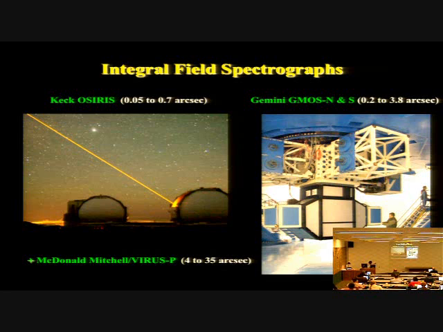So we use a combination of Keck OSIRIS and also Gemini GMOS. This is seeing limited. And also we need somewhat larger scale kinematics to constrain the dark matter contribution to the potential. So we tried to get all of them. And as you saw, 1 billion solar mass at 100 megaparsec was 0.1 arc second.